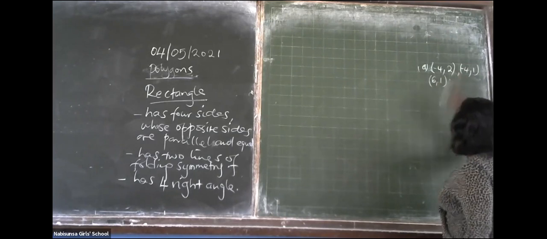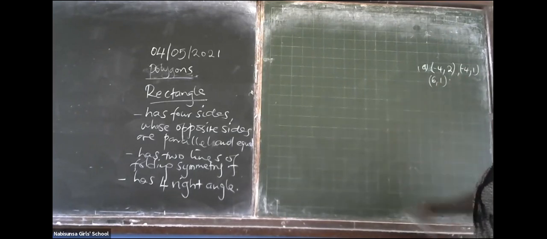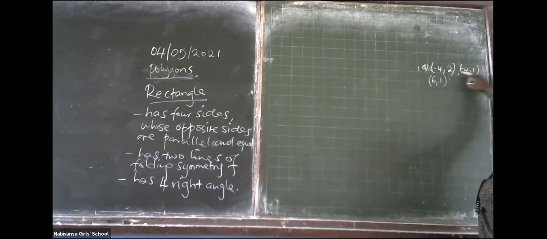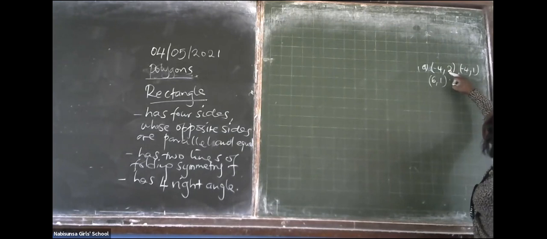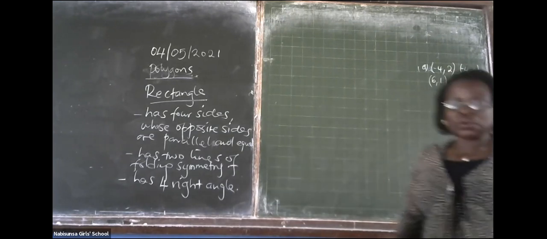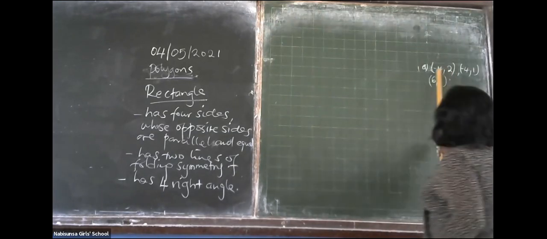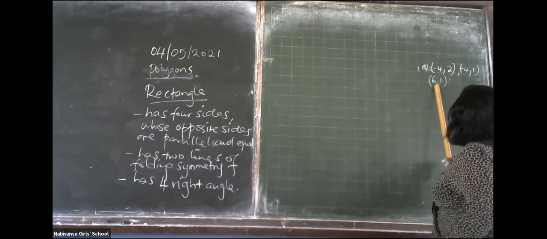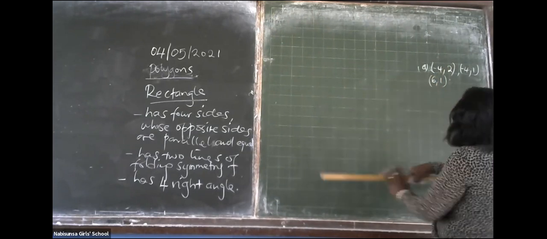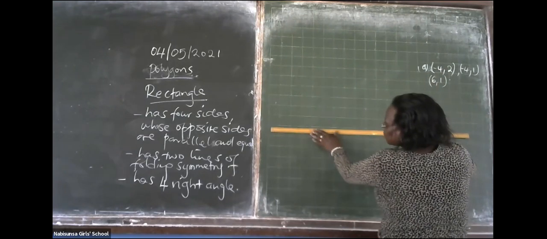So when we are drawing our XY plane, we take into consideration the smallest X coordinate. The smallest is -4 and the biggest is 6. Then on the Y, the biggest is 2 and the smallest is 1. So you have to put it in consideration when you are drawing the axes. We need -4, we need +6 on the x-axis. And we start.